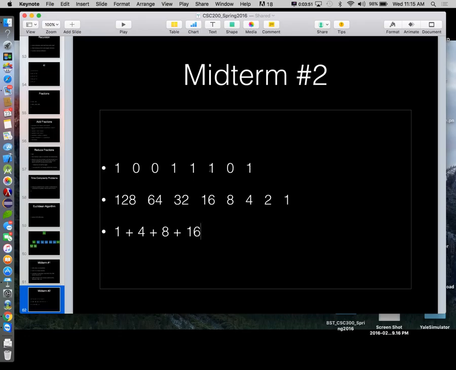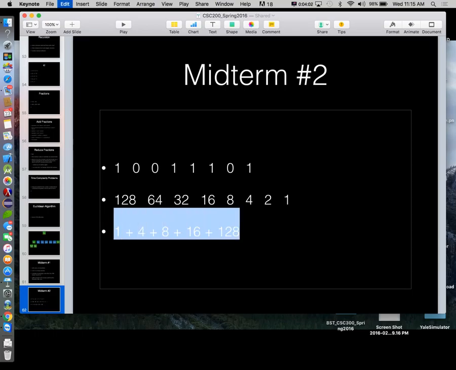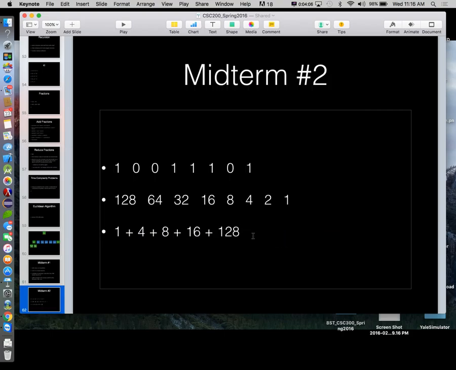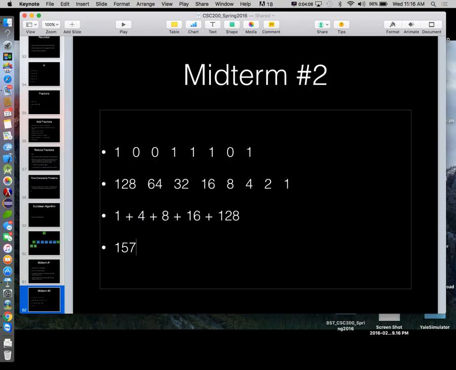So 1s, 2s, 4s, 8s, 16s, 32, 64, 128 plus 128. So that's 157 in decimal.